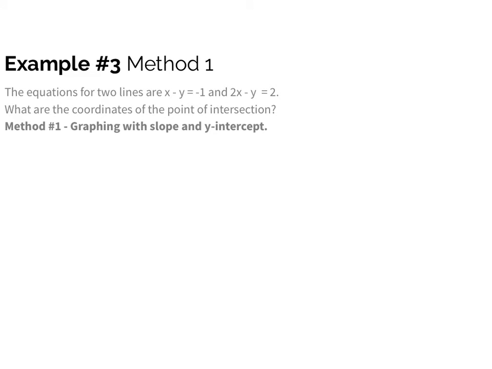All right, so then we looked at a third example where we had to look at these equations for 2 lines. What are the coordinates of the point of intersection? Our method 1 was graphing with slope and y-intercept, and I reminded you guys that the slope and y-intercept form looks like this, mx plus b, where m was our slope and b was our y-intercept.